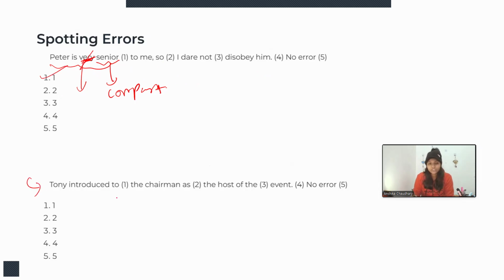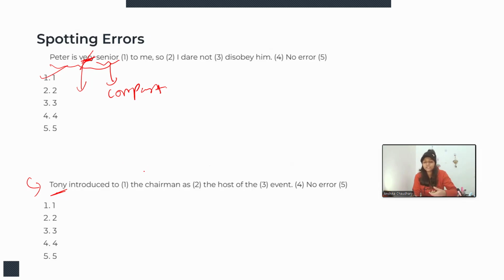Moving next, Tony introduced to the chairman as the host of the event. See, every noun has a reflexive pronoun, and this is the third person. So every third person has their own reflexive pronoun. Like me, I am, myself is my reflexive pronoun.